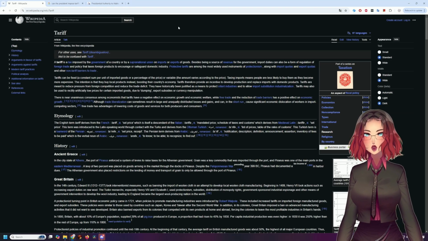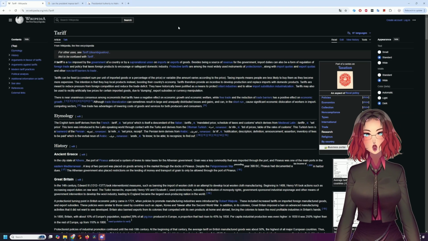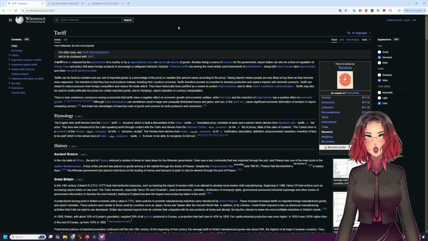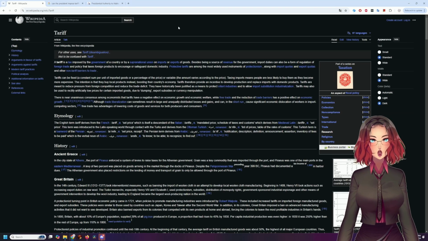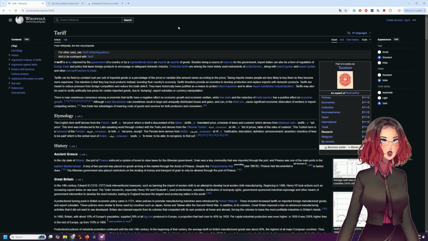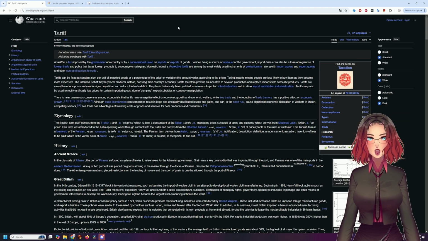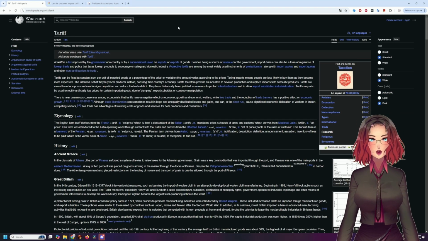What is a tariff? A tariff is a tax imposed either by the government or by a body that supersedes the government. This can be a trade union or, like, guilds in the old days. Something that has the ability to put a tax on imported or exported goods.